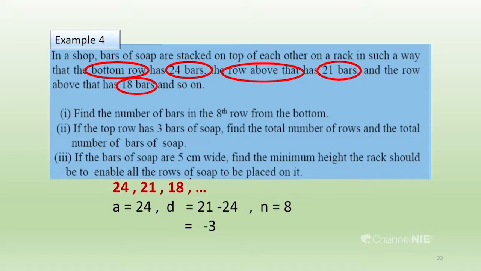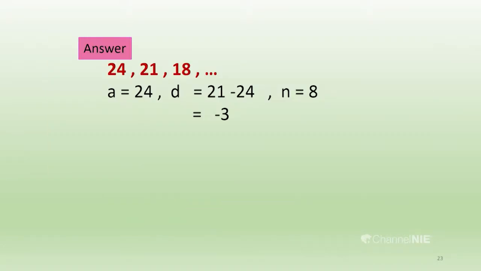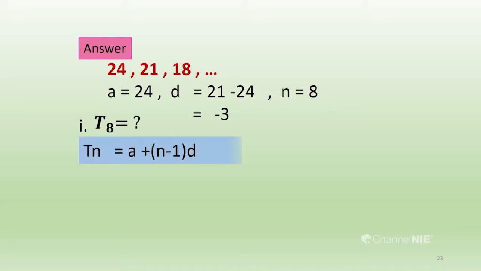Then the number of terms, because in the first question they ask to find the number of bars in the 8th row from the bottom. How do we find that? Here we have to use the Tn formula, the number of bars of soap in Tn, I mean the nth row. So you have to follow the Tn formula.